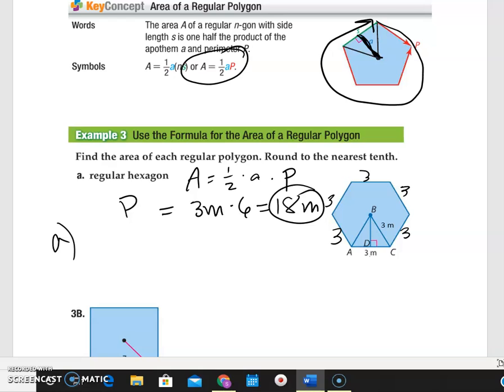The apothem is segment BD. So I'm going to have to do a little work here. I'm going to take just this half, and you can see that I have a right triangle there, and I'm going to kind of rework that over here on the side.